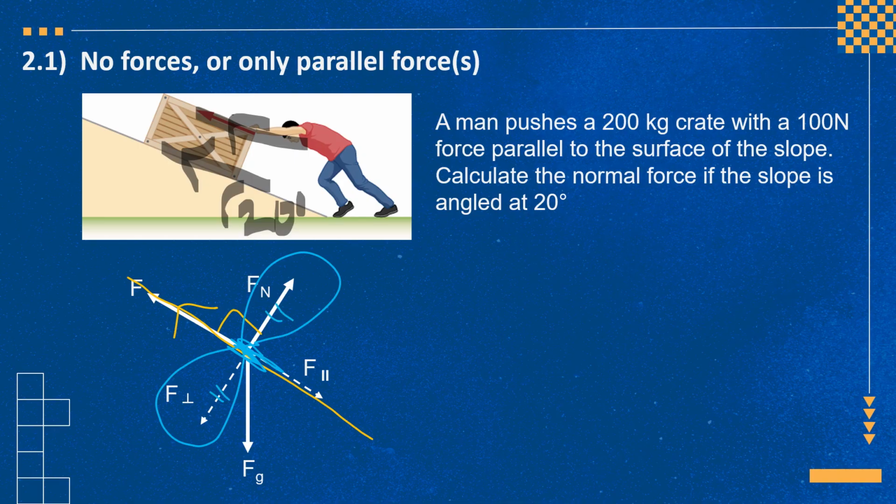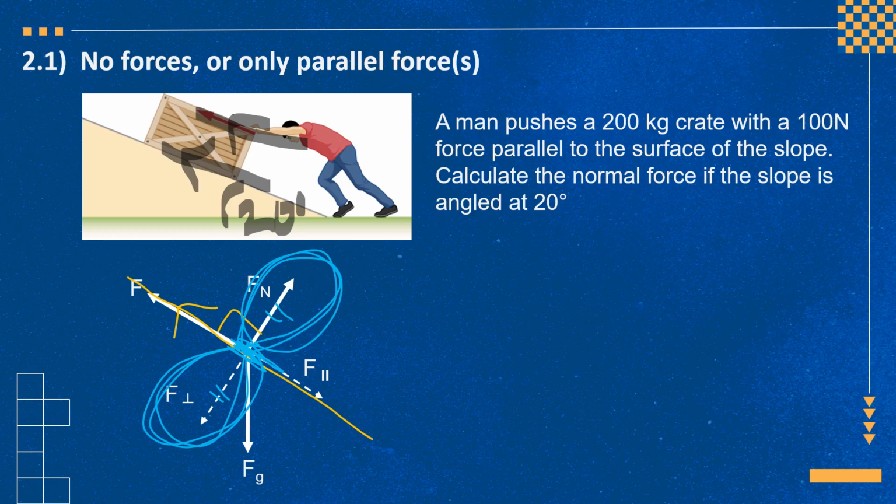So the one is a force, the other one is a component. But these two vectors need to cancel each other out in order for that crate to stay on the surface. So even if it's moving, remember, whether it's stationary, moving at a constant speed, or accelerating, as long as that crate stays on the surface, these two vectors must be balanced in order for that crate to stay in that specific position.